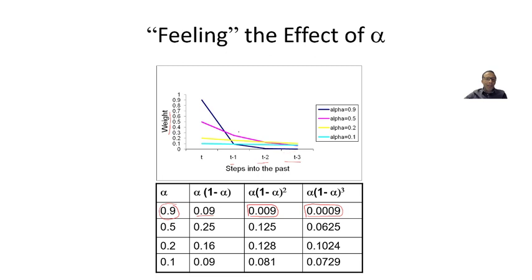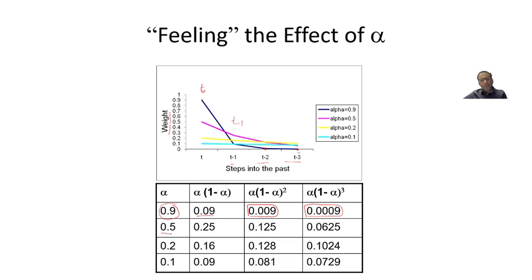These are the weights that you are giving to the data. This is the weight for time t, the data today. This is the weight that you give to yesterday. This is the weight for 2 days ago. And this is the weight that you give to the observations 3 days ago. So this is a way to visualize the weights that you are giving to the data when you modify alpha.